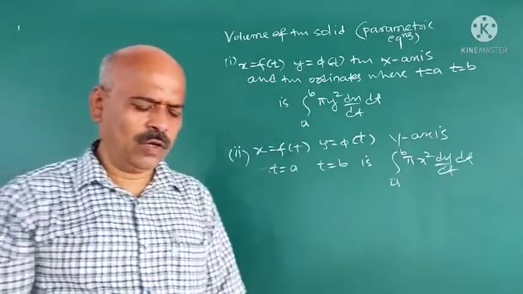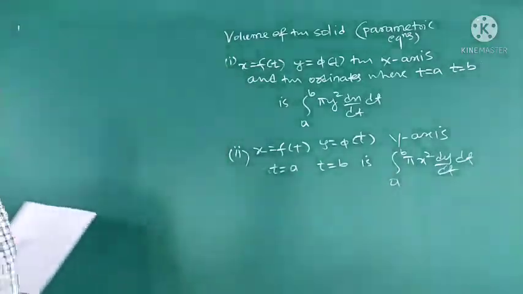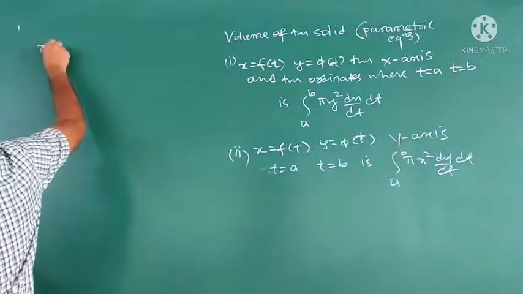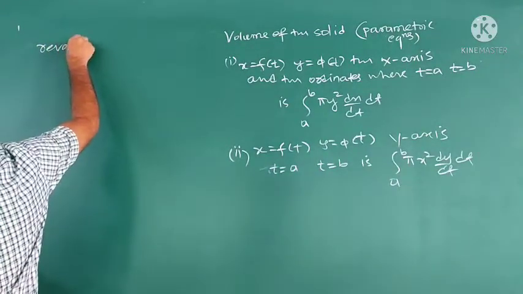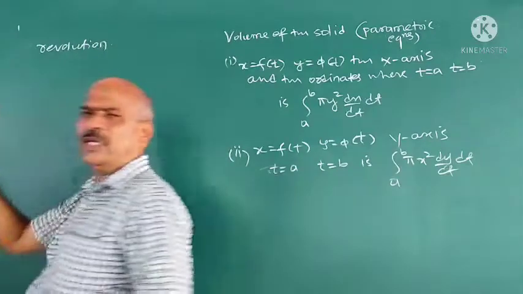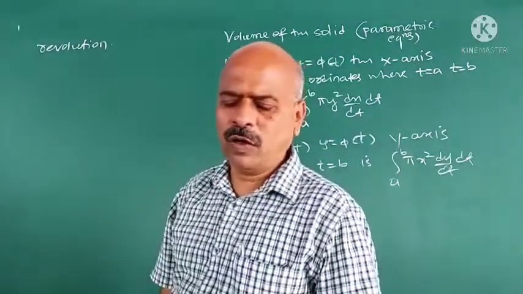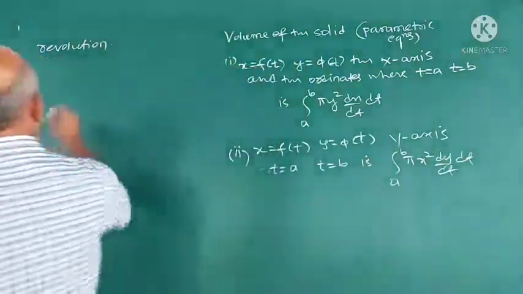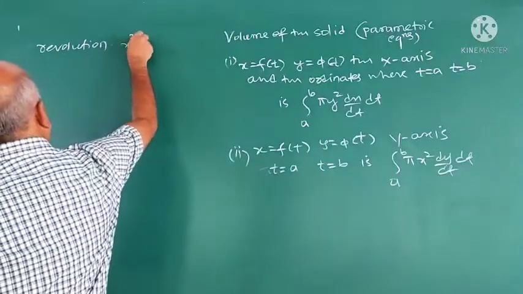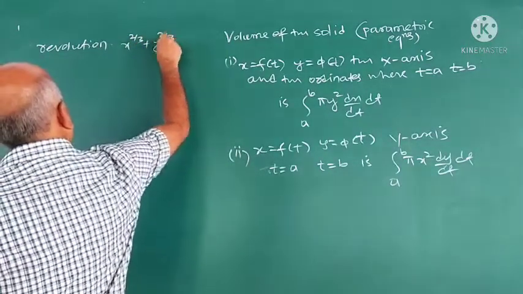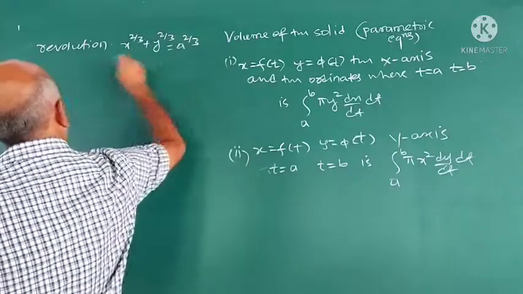Find the volume of the solid generated by revolution of the asteroid x raised to 2 by 3 plus y raised to 2 by 3 is a raised to 2 by 3.